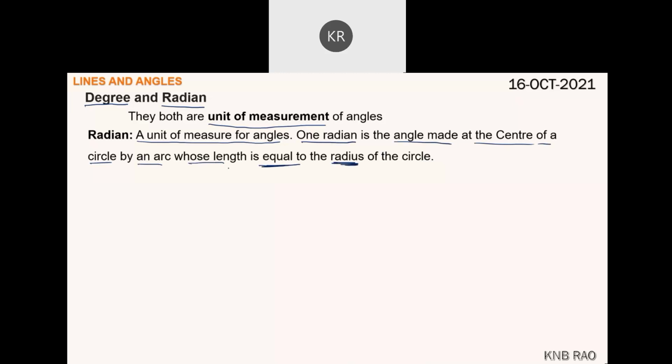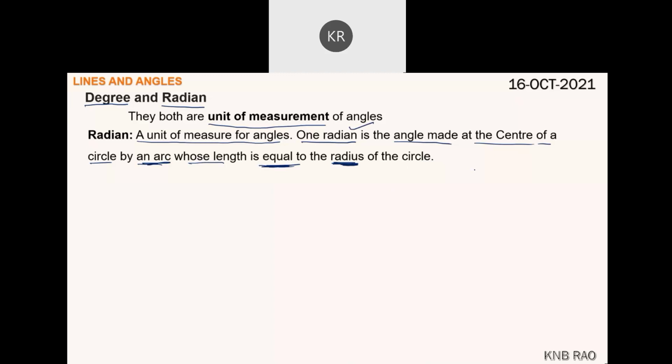So if the arc length is equal to the radius of that circle, then the angle formed by the arc at the center is called a radian.